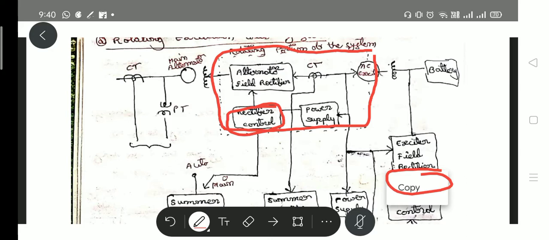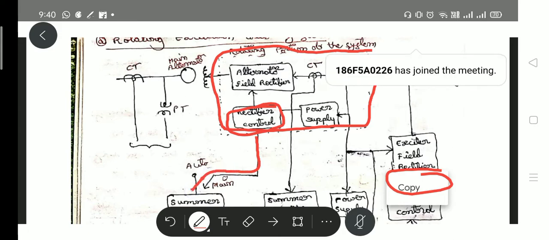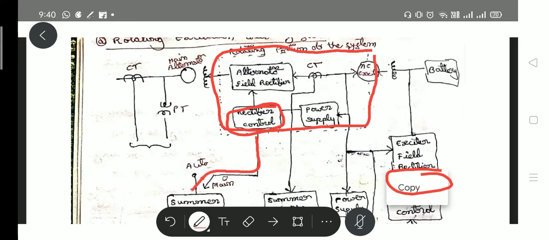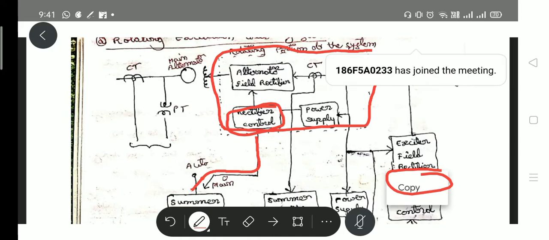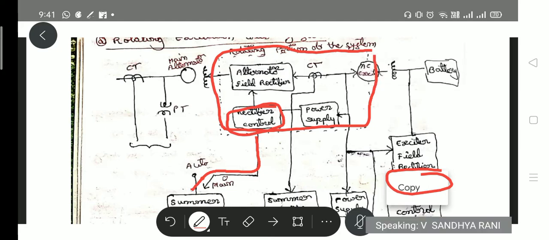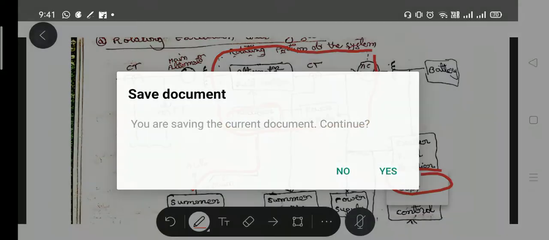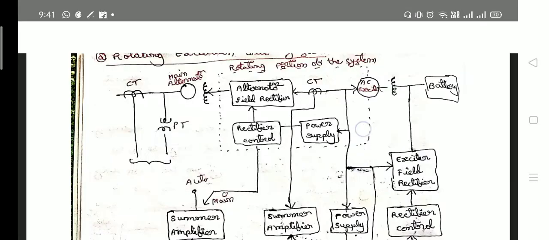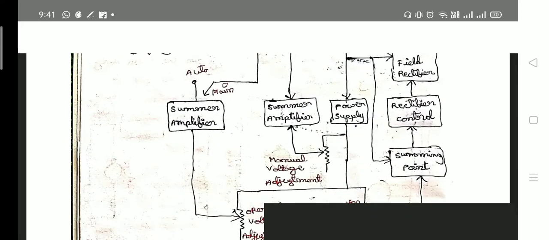The voltage comes from this side, connected to the main, and here we can give one automatic controlling signal. We can control the voltage, and it is given to the operating voltage control here.